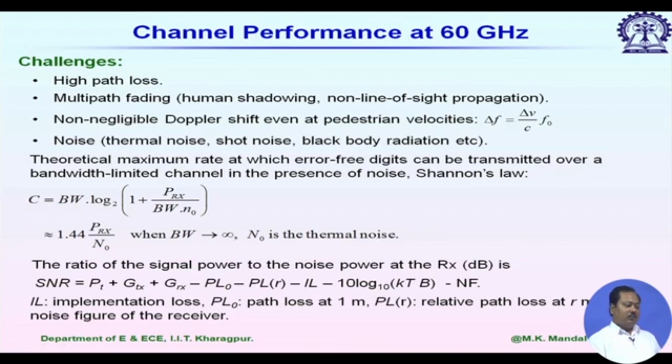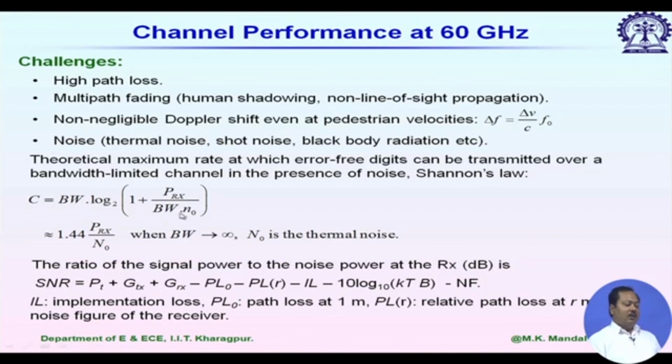Then the theoretical maximum rate at which error free digits can be transmitted over a bandwidth limited channel in the presence of noise is given by Shannon's law. The channel capacity C is equal to the bandwidth of the channel multiplied by log, note that the base is 2, of 1 plus the received power P rx divided by bandwidth multiplied by N naught.